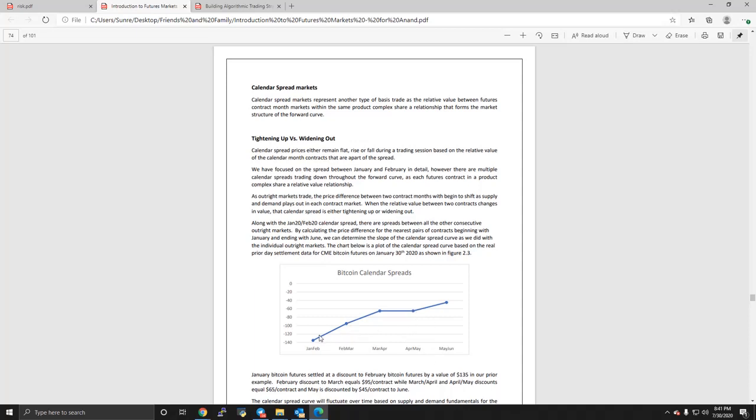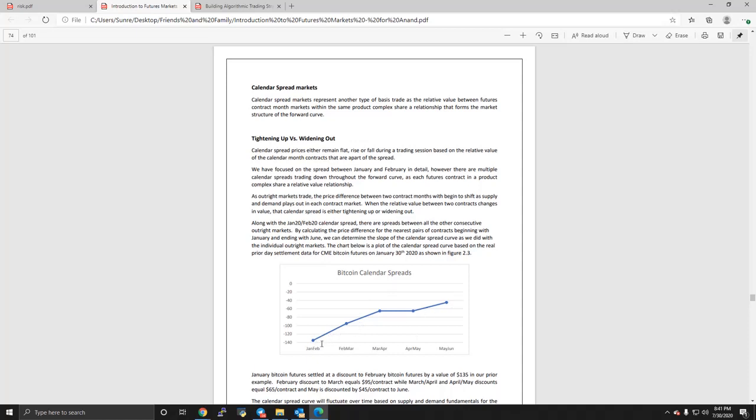So now we can visualize the forward curve of not only the outright markets but the listed calendar spreads as well. And as opposed to just trading gold DEES 20 outright markets or Bitcoin January 2020 outright markets, a trader can trade the calendar spread and can trade the calendar spread curve.